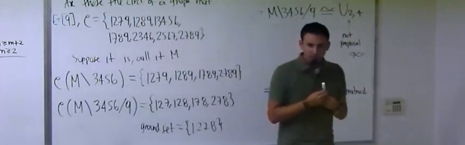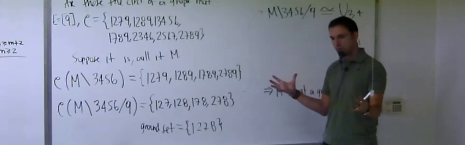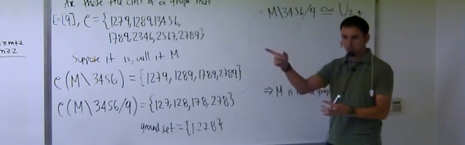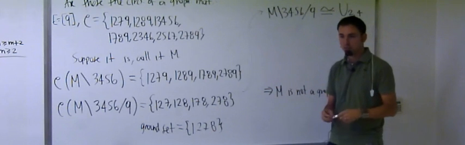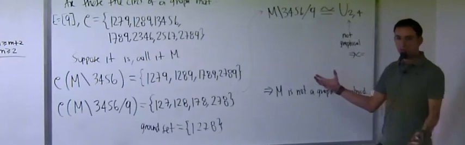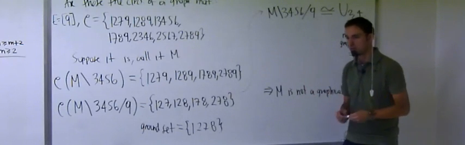Now, what's the philosophy here? The philosophy here is that whenever you have a graphical matroid, every matroid that is living inside it is graphical. That's what minors mean. Minors are the matroids that live inside the matroid, right? So if I give you a matroid, and you manage to find a matroid inside it that is not graphical, then that shows that the one you started with is not graphical.